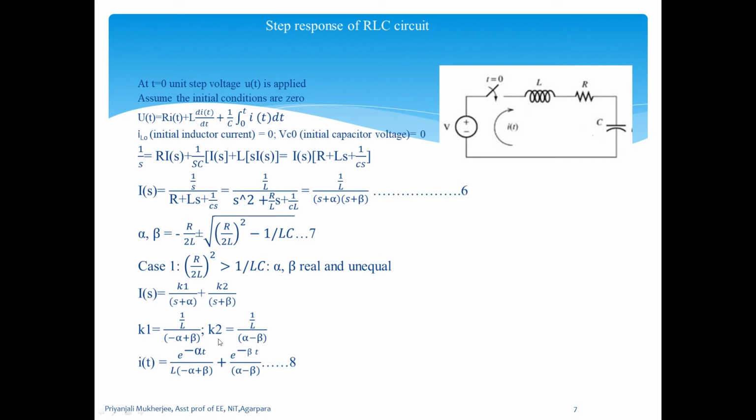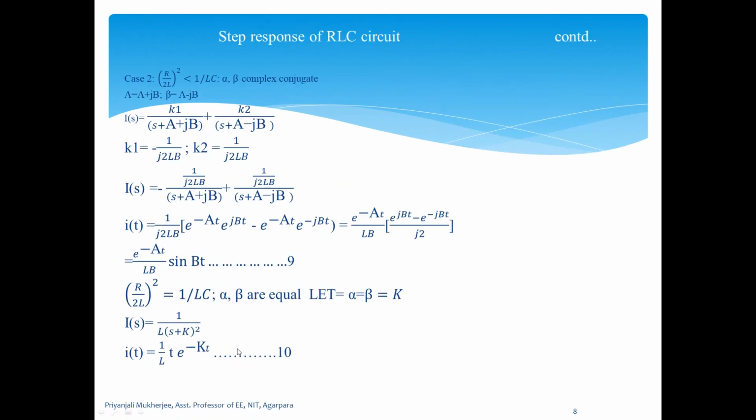Applying partial fractions, we can find the values of K1 and K2: K1 is 1 by L divided by minus of alpha minus beta, and K2 is 1 by L divided by alpha minus beta. So i(t) becomes the inverse Laplace of this equation, putting in the values of K1 and K2: e to the power minus alpha t by L into (beta minus alpha) plus e to the power minus beta t divided by (alpha minus beta).